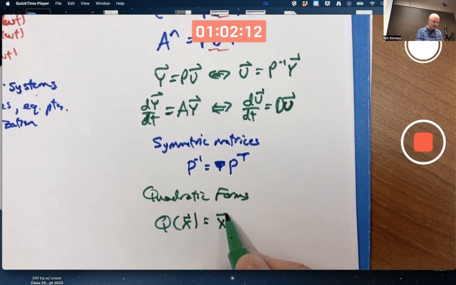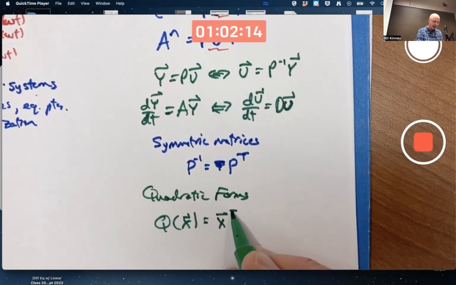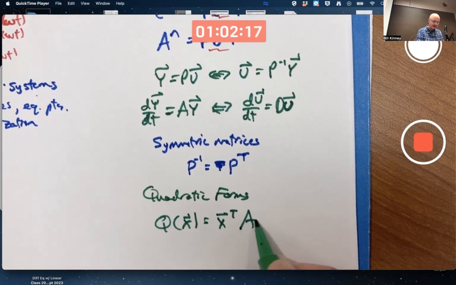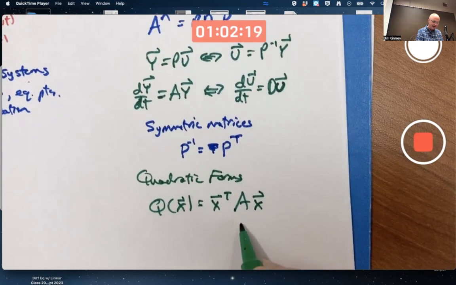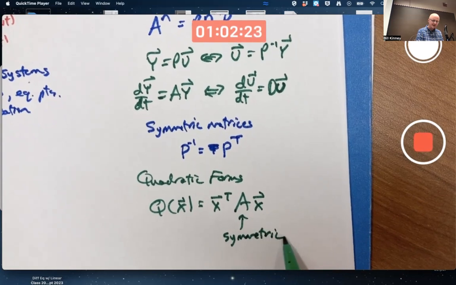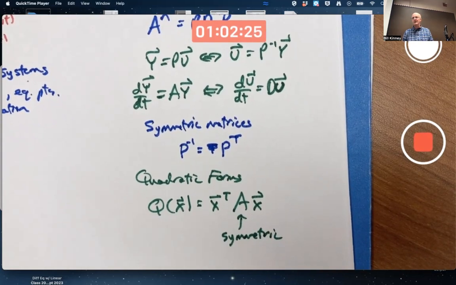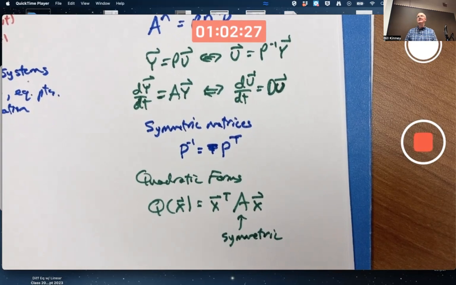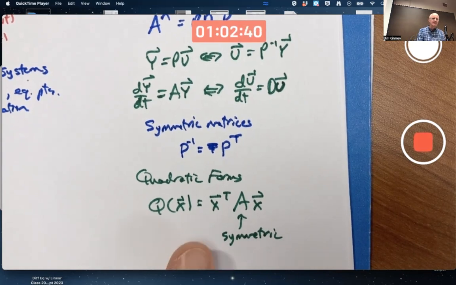They're defined by taking the vector X transpose, so it's a row vector, times some symmetric matrix A times X. A is a symmetric matrix. And the key thing is you're interested in the quadratic form. Is it positive definite, negative definite, or indefinite? And it's related to the eigenvalues. What's the relevance for that for all the other stuff? I haven't said. Okay. This either comes up in 31B or 32B for the first time.